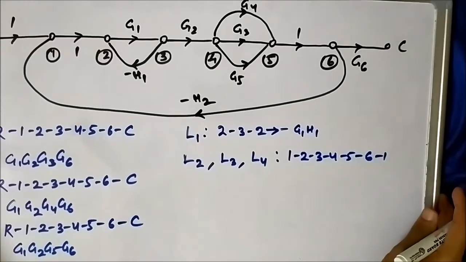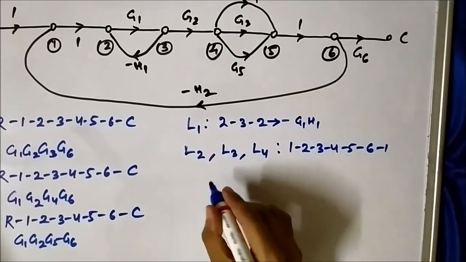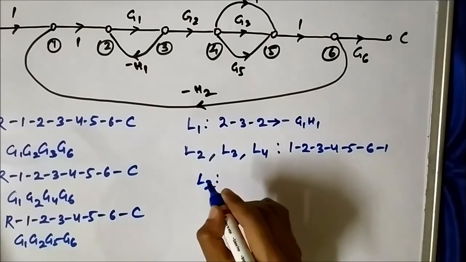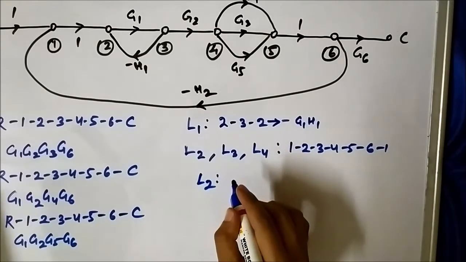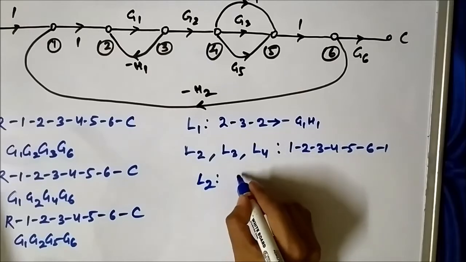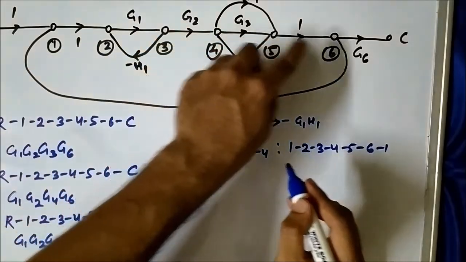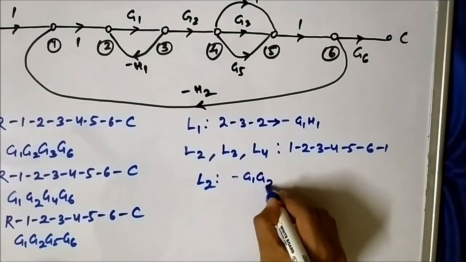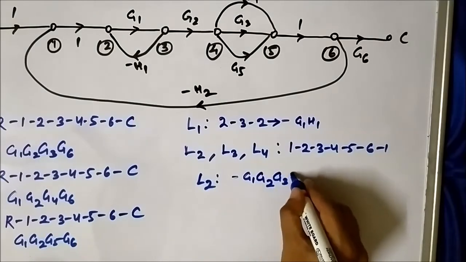The nodal representation will be the same, but the gains will be different. So for L2 it will be G1, G2, G3 into minus H2, so it will become minus G1, G2, G3 and H2.